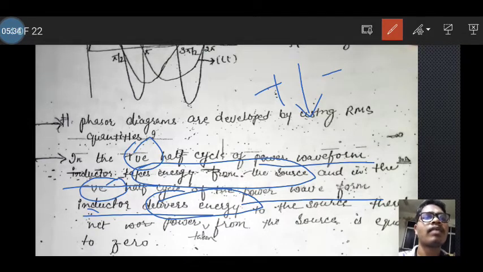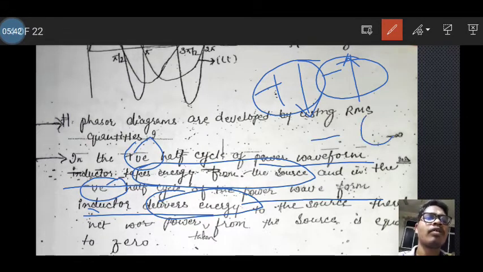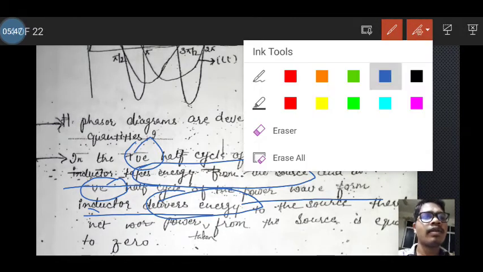Overall, the positive and negative parts cancel each other, so the output will be 0. So the average power in the inductor will be 0.